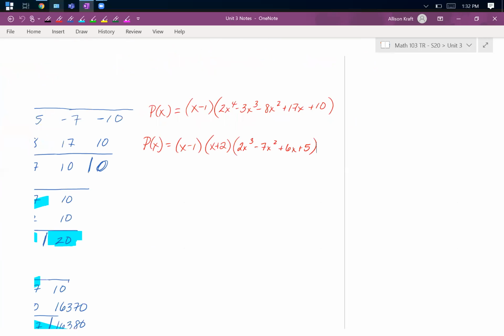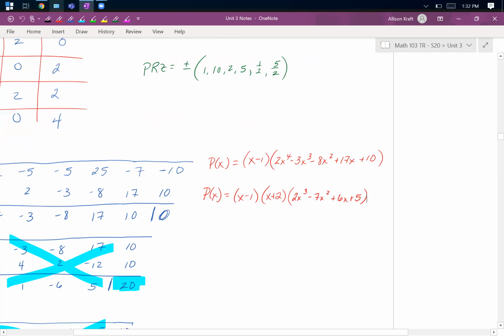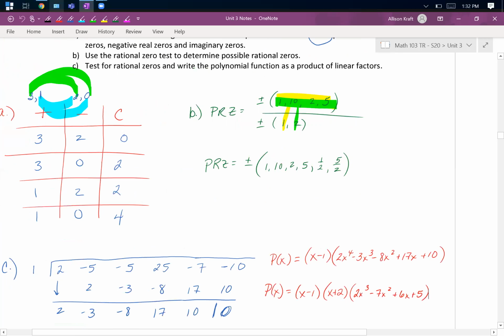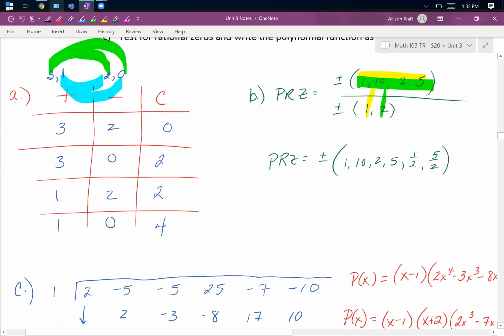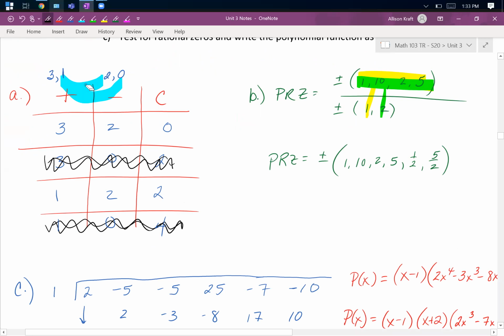So far we have 1 positive real 0 and 1 negative real 0. If I go back to my chart, that means that this option and this option aren't options because they said we wouldn't have any negative real zeros. So now looking at my chart, what does it tell me?